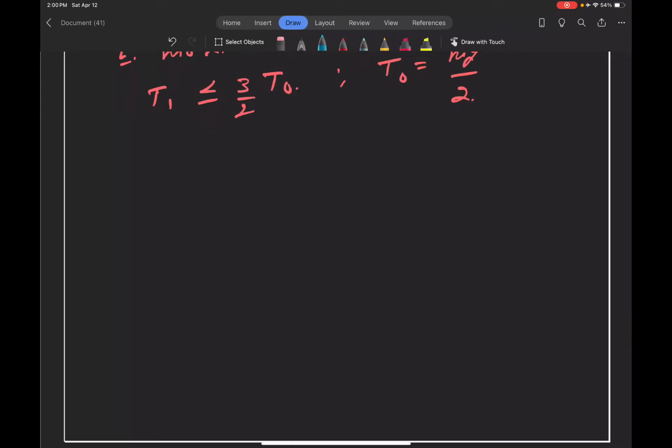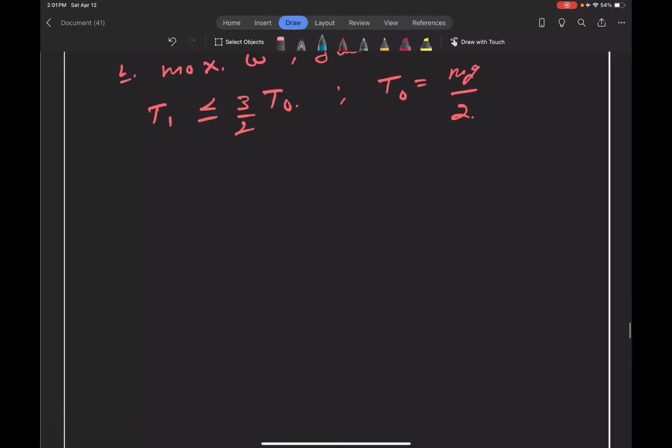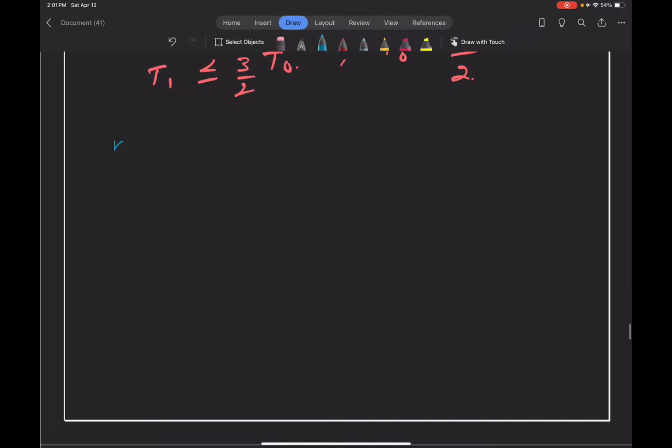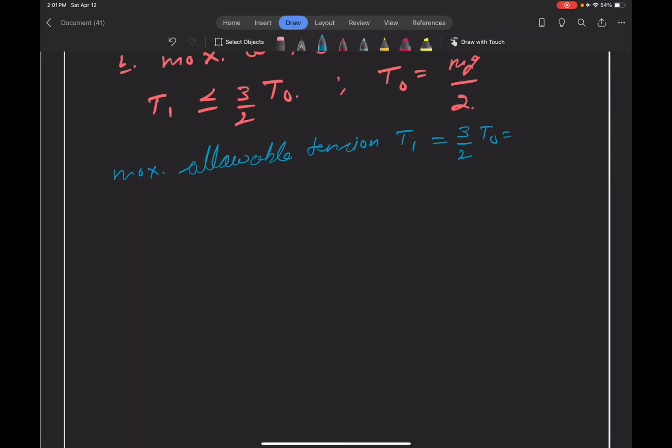Therefore the maximum allowable tension T1 is equal to 3 by 2 T naught, and we substitute the value of T naught. This gives us 3 mg by 4.